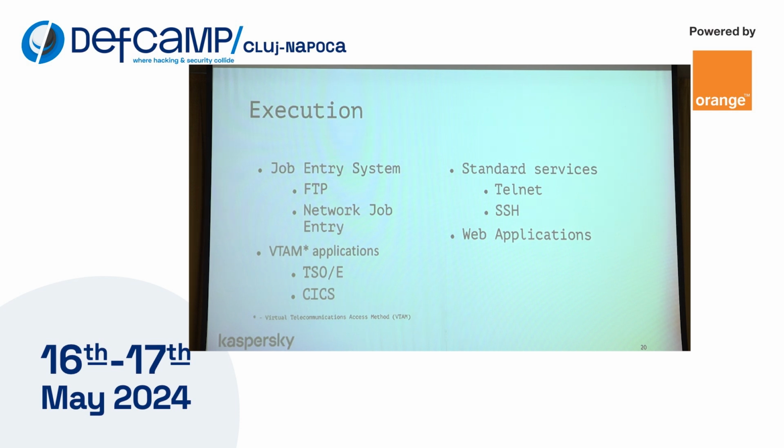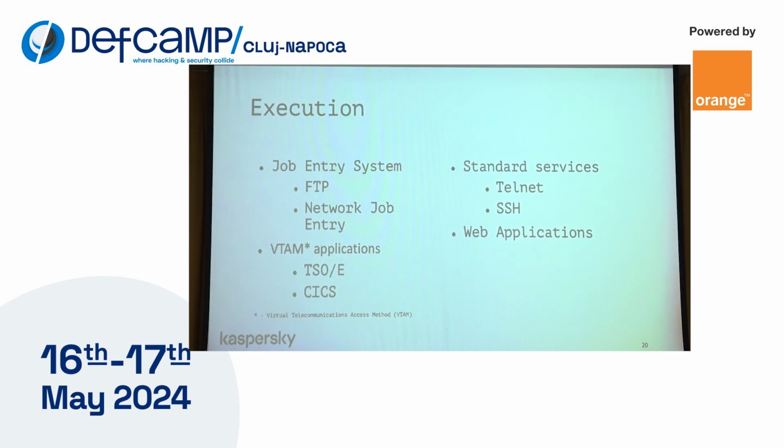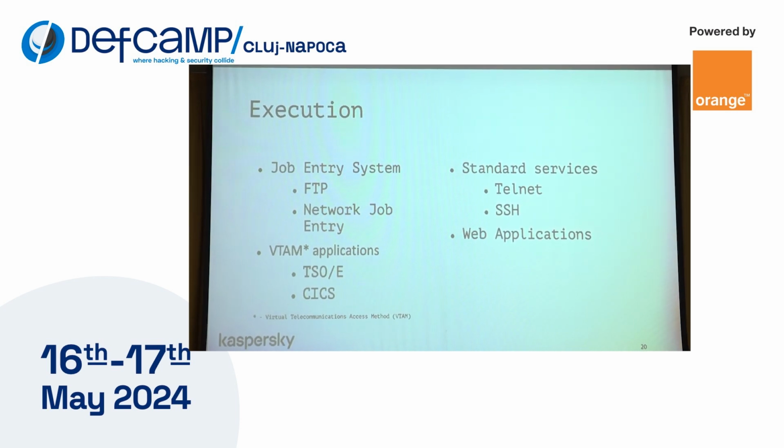Also, you may use standard services like Telnet or FTP for connection to the mainframe and manage it. And the last thing is abusing or exploiting web applications. In a future slide, I will show you some examples.